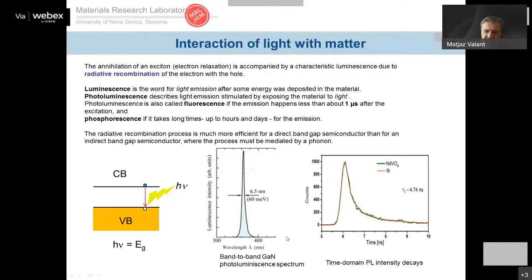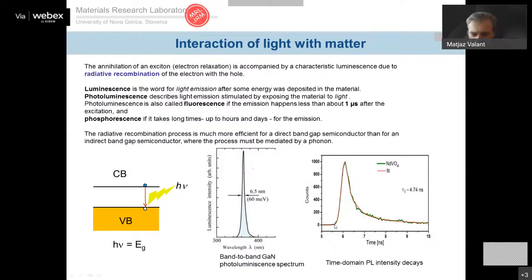All this we can also experimentally measure. Now you see this measurement on the right hand side is actually a time-resolved measurement of the photons. It means that we were counting how many photons are emitted at some certain time after the excitation.